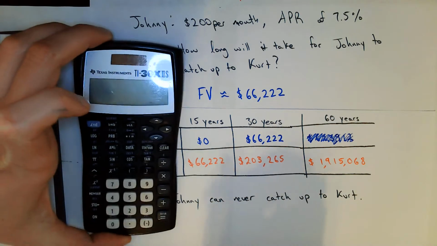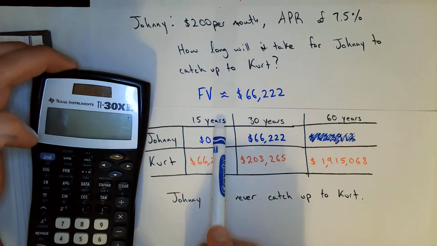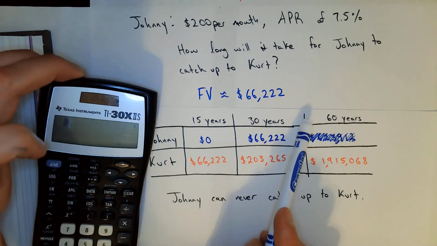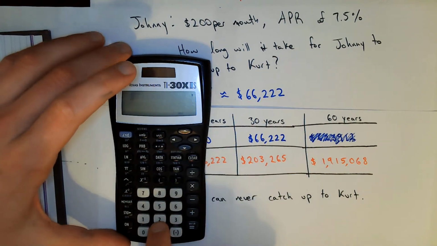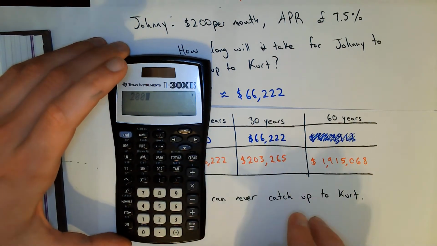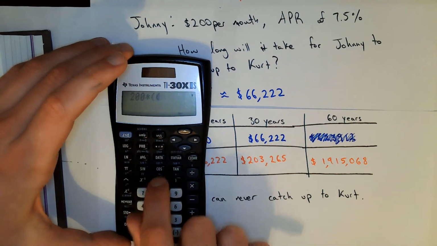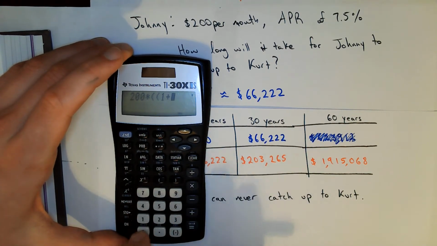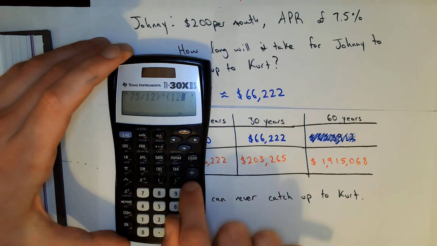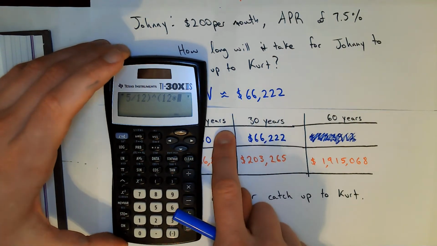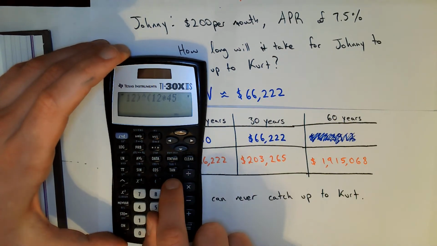So I need to think about going all the way from 15 to 60 years. Okay, here we go. Payment is $200 per month times, double parentheses, 1 plus 0.075 divided by 12 because it's a monthly payment, raised to the 12 times from 15 to 60 years. That's 45 years.